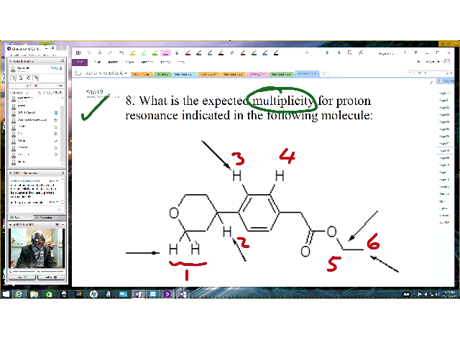Keep in mind, this hydrogen is attached to this carbon, and this carbon is attached to a carbon that has 2 other hydrogens, exactly. So the multiplicity of the hydrogen that we call 1 will be a triplet.